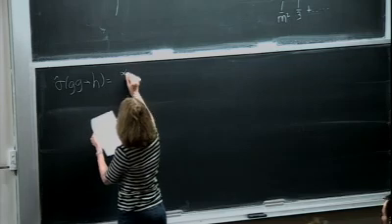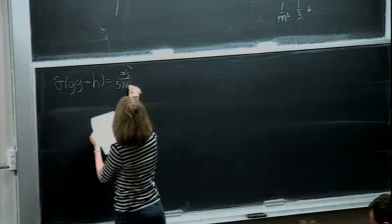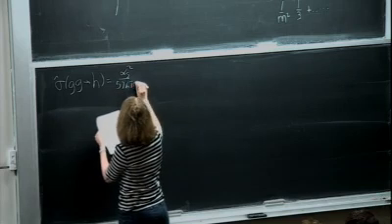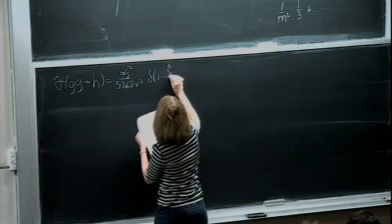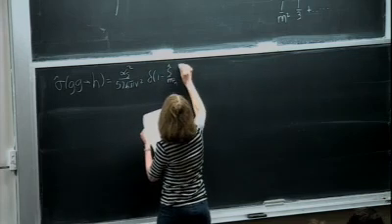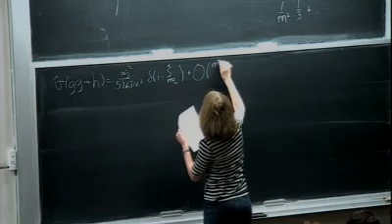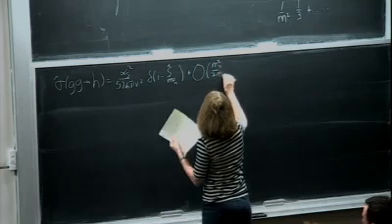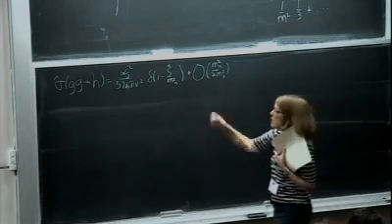Alpha s squared over 576 pi v squared delta of 1 minus s hat over mh squared plus order mh squared over 2 mt squared. Okay. So there we have the Platonic cross-section.